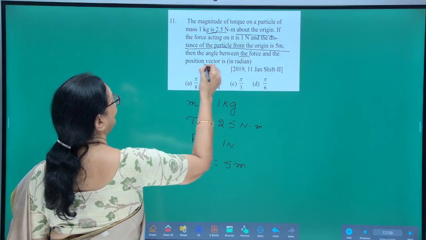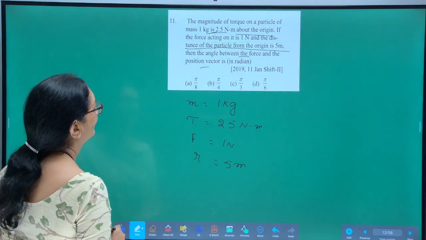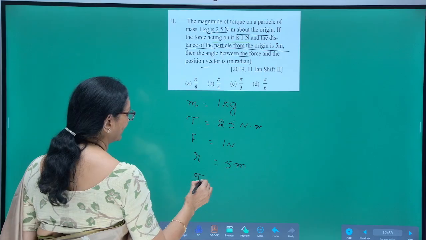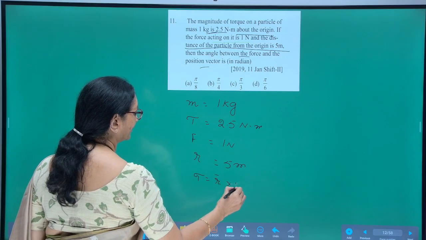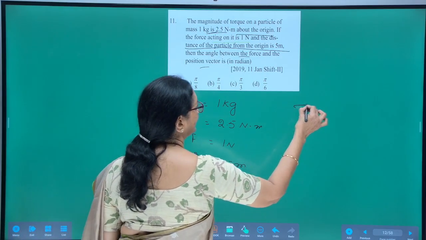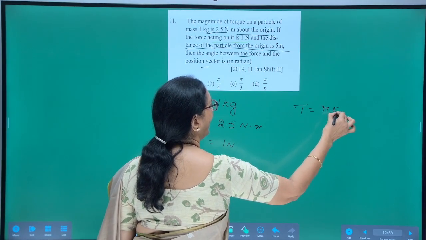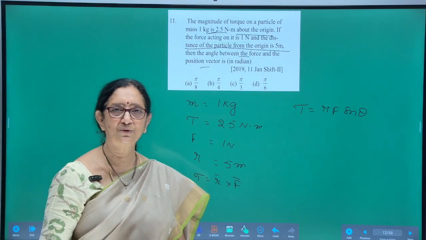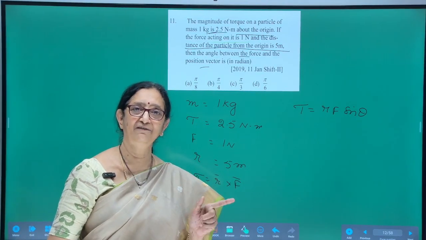Find the angle between the position vector and force. We know torque is equal to R bar cross F bar, or torque is equal to RF sin theta, where theta is the angle between position vector and force vector.